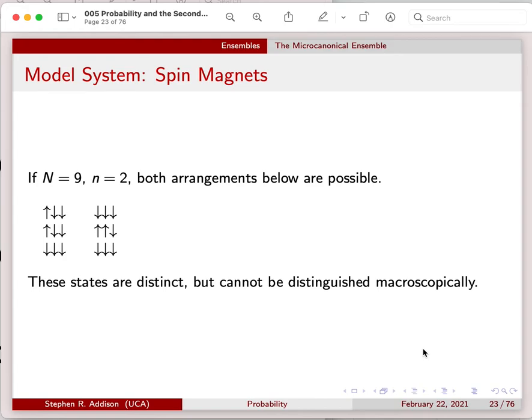So what we've got there are two states, both with only 2 little elementary magnets aligning with the field. We can distinguish them microscopically, but we can't distinguish one of those states from another macroscopically, because all we can measure is the net magnetic field. We would know that 2 magnets were aligned with the field, but we wouldn't know which 2.